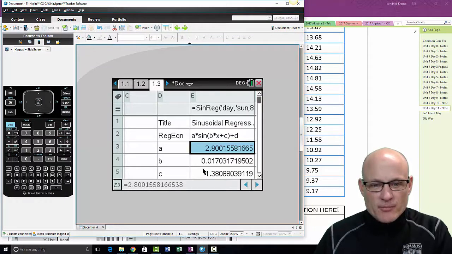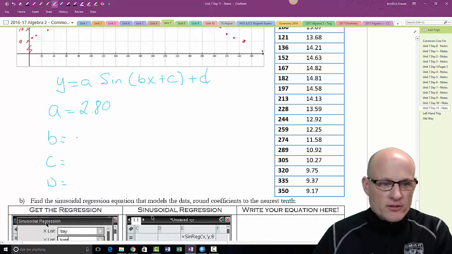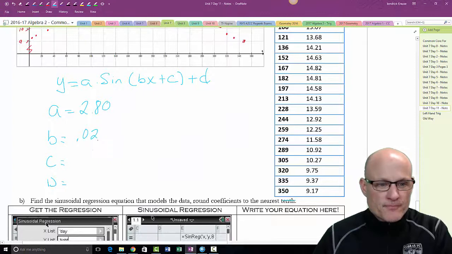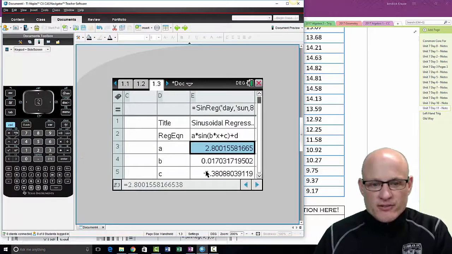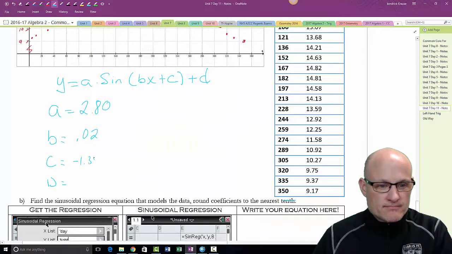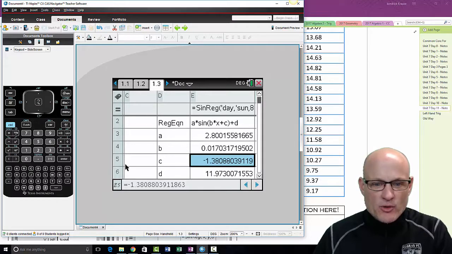Now that's just dumb. Let's go hundredth. So 2.80. B is 0.02. C is negative 1.38. And D is 11.97.